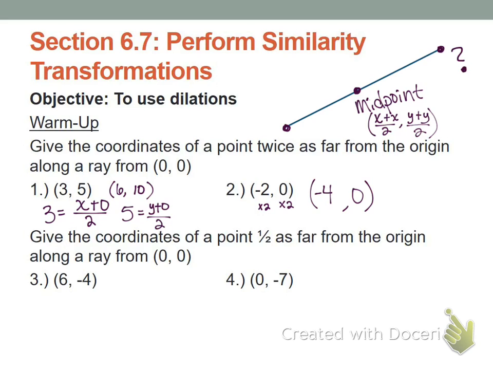So half of 6 is 3, half of -4 is -2. Which means our answer for number 4 would be good, 0, -3.5 would be half as far from the origin.